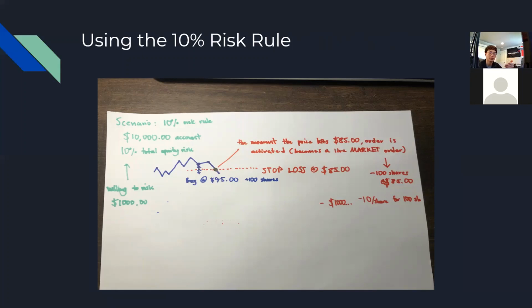That would mean you'd lose $1,000. The moment the price hits $85, the order is activated, meaning the order becomes a live market order. So in this bad case, you would lose $1,000, but never more, because you had the 10% risk rule. You don't want to put yourself at risk of losing the full amount of money that you put into that position.